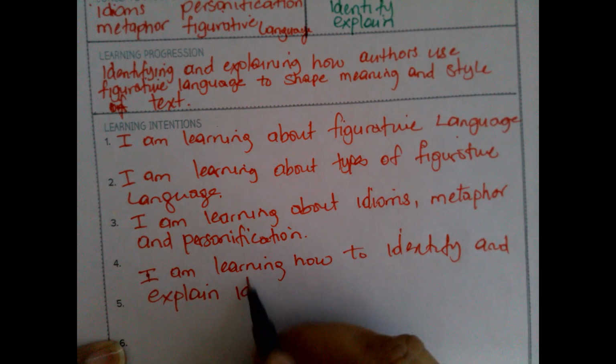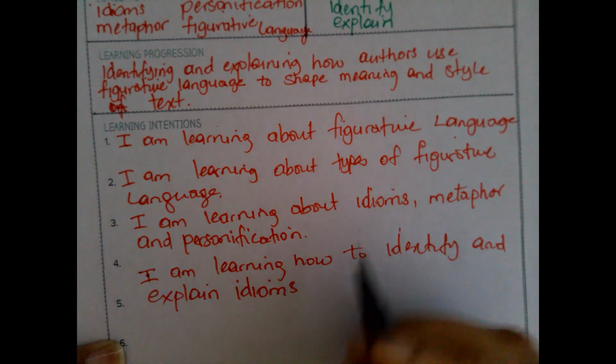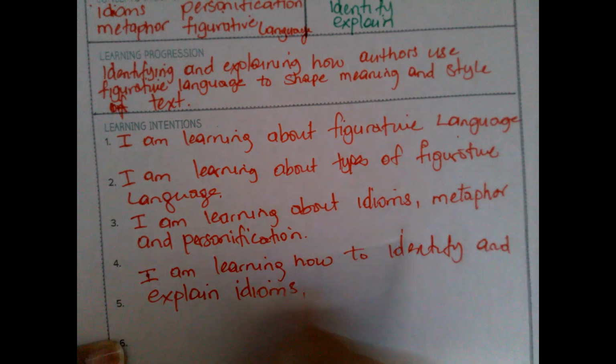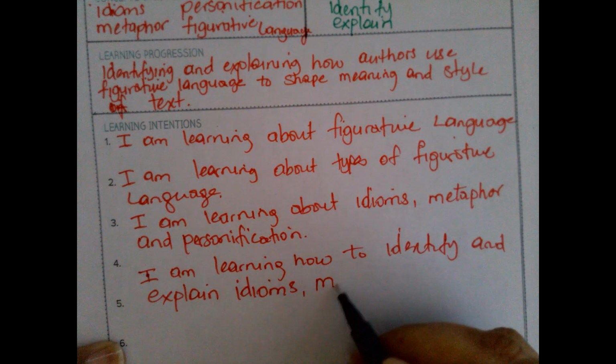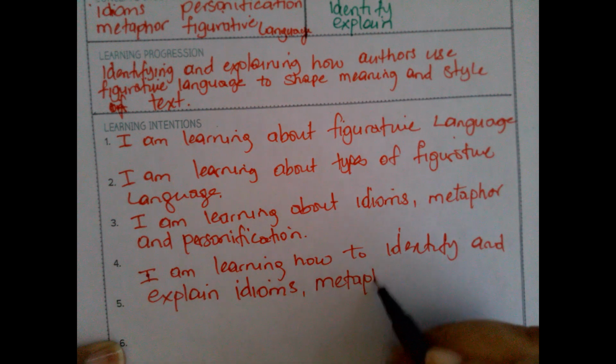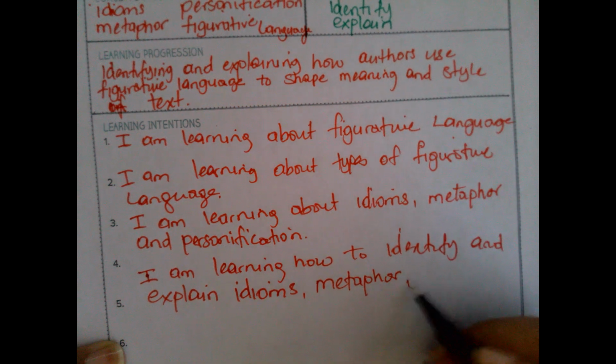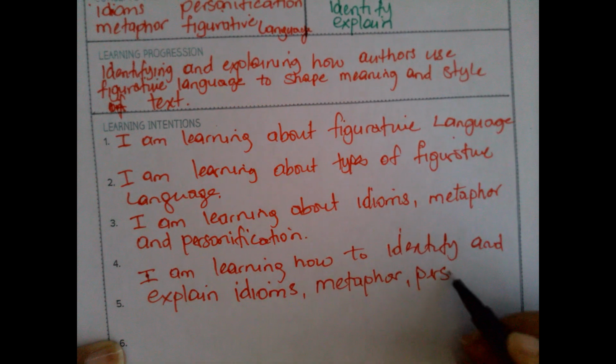You write idioms because you want to make it specific for you as well as the students, but they're not seeing this, remember. So idioms, what's the other one? Metaphor, personification.